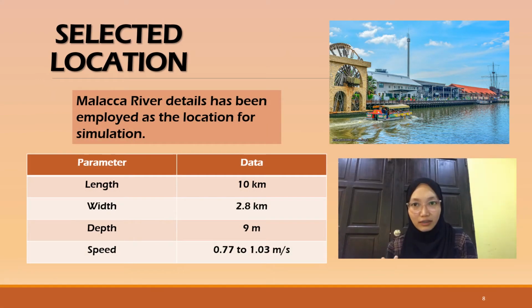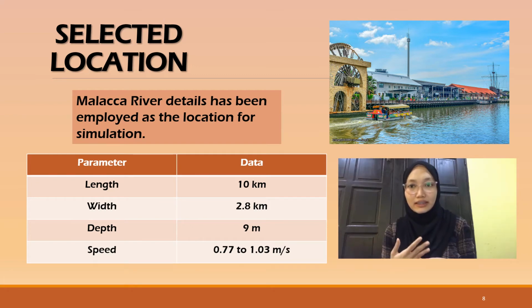Before designing the turbine, the details of the location are required in order to represent the water channel to simulate the turbine, and the location that has been selected to be employed in the simulation is Malacca River. And as shown in the table, that is the details for Malacca River that have been obtained from a few websites.